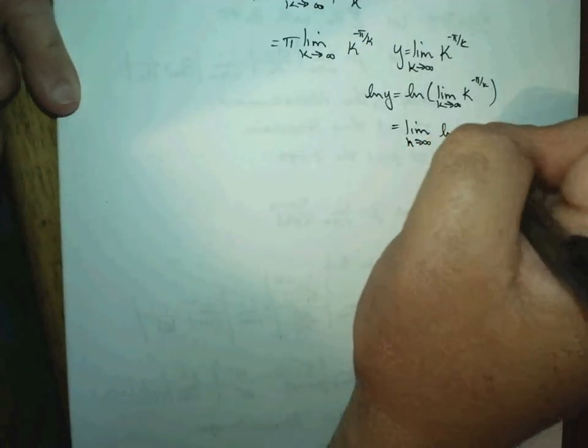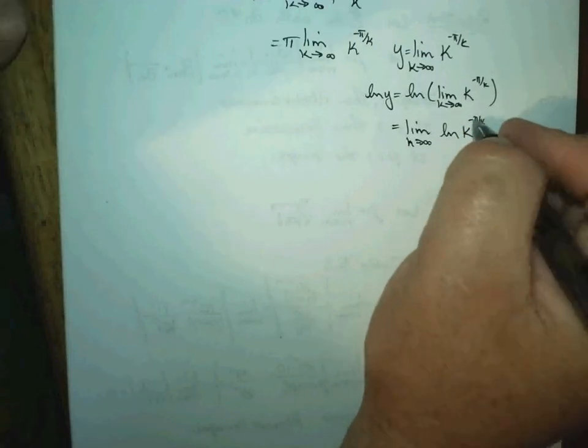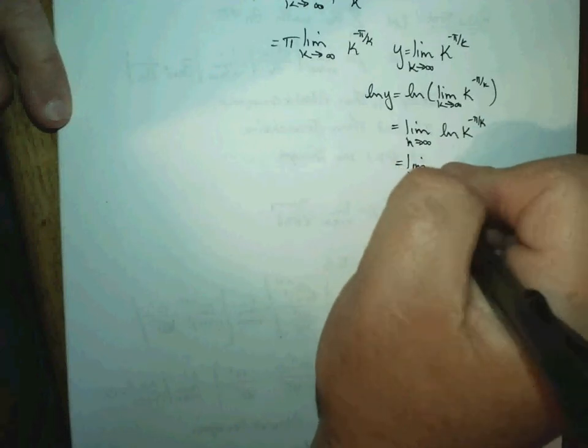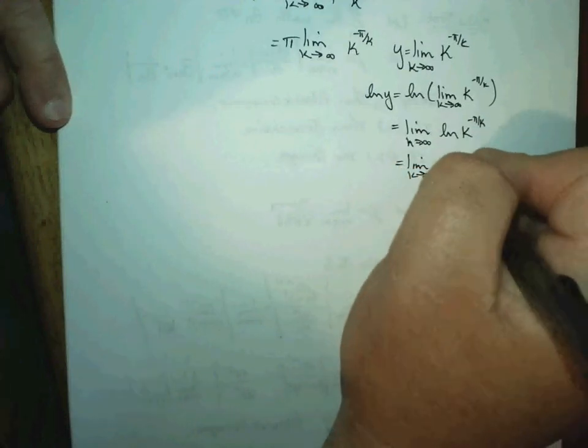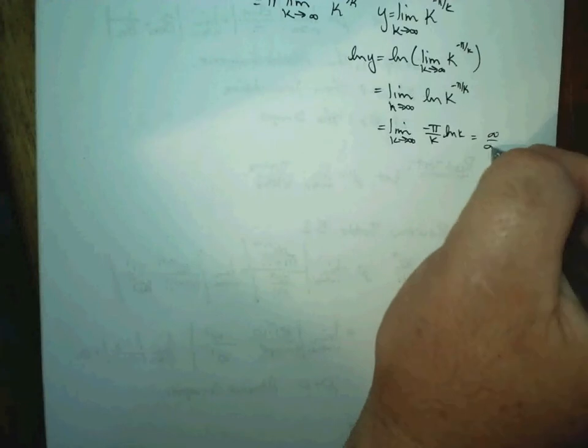Pass the natural log inside of the limit. Take the power down in front now. And as k goes to infinity, the natural log of k over k goes to infinity over infinity. That's a negative, of course, because of the pi. And that's the setup of L'Hopital's rule.